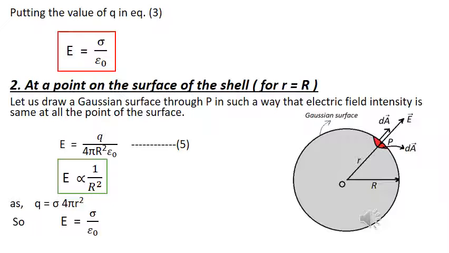As we have done in the previous point, using equation number 3, we can write E is equal to Q by 4 pi epsilon naught R square. The same thing is E is directly proportional to 1 by R square, and E is equal to sigma by epsilon naught.